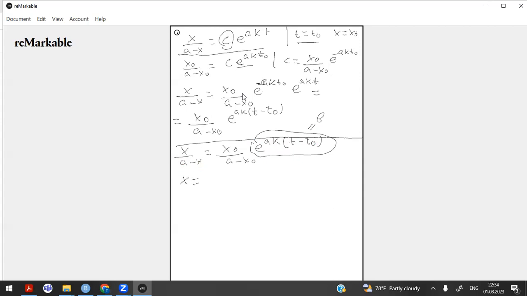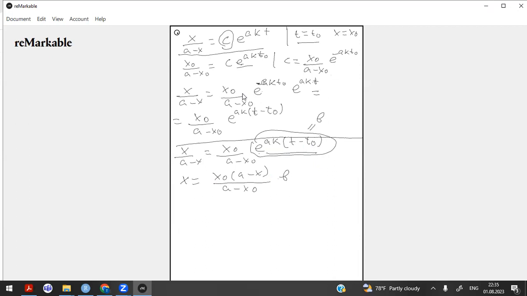So here we will have x0 multiplied by a minus x, divided by a minus x0, okay, and then multiply this whole thing by b. So this is our b, okay? Don't forget about it.